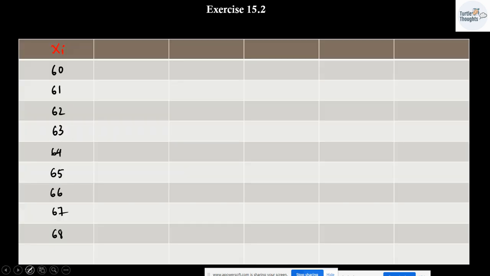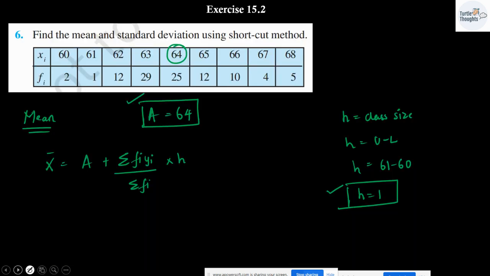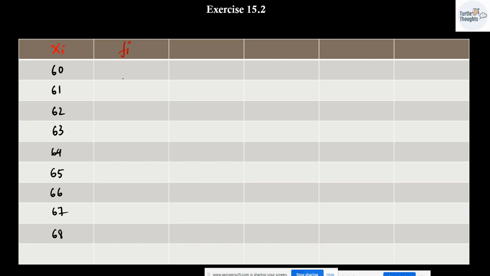Next we have frequency. Let me make a note of that as well. Fi is going to be equal to 2, 1, 12, 29, 25, 12, 10, 4, 5. This is going to be the value of fi.